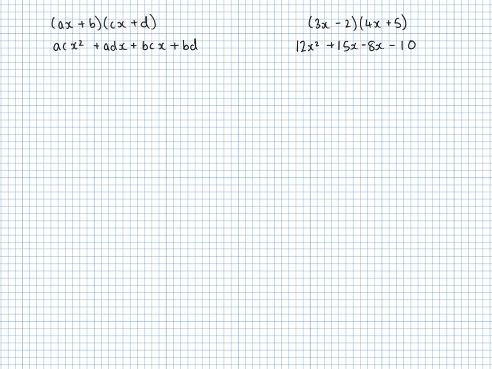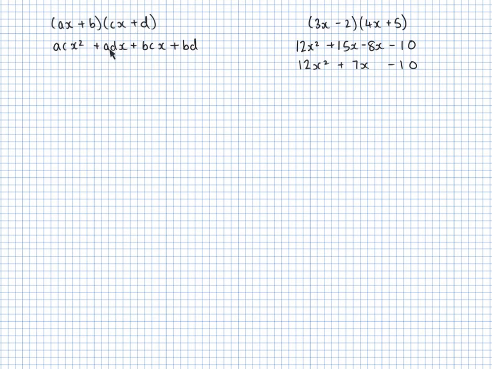Now, I'm going to simplify these middle terms. So plus 15 take away 8. What's it going to give me? It's going to give me 7x in the middle. So this is going to be 12x squared plus 7x take away 10. And on this side, if I have a dx, remember a and d are integers, we said.